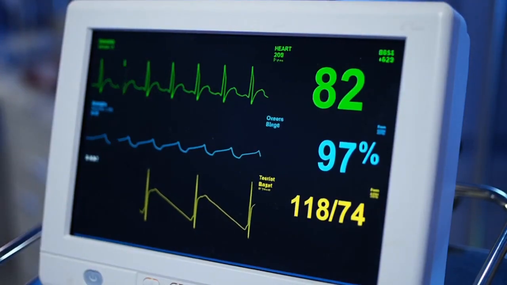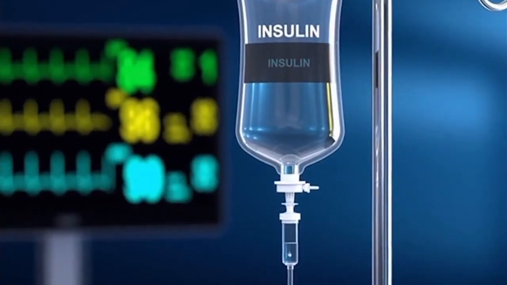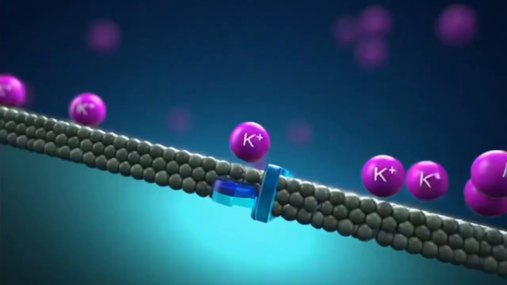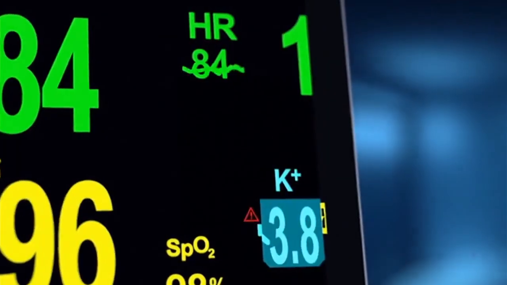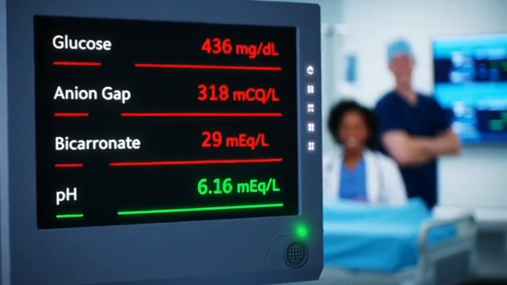Step 2. Insulin. Use regular insulin, an IV bolus of 0.1 units per kilogram, followed by a continuous infusion at 0.1 units per kilogram per hour. Again, do not start insulin if potassium is below 3.5.